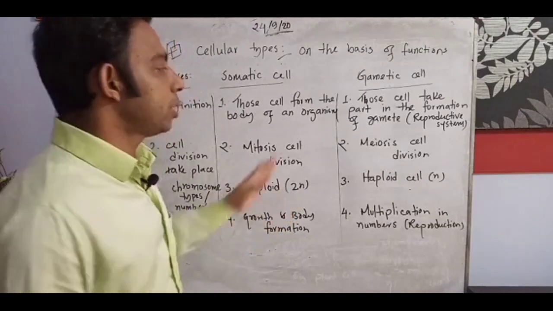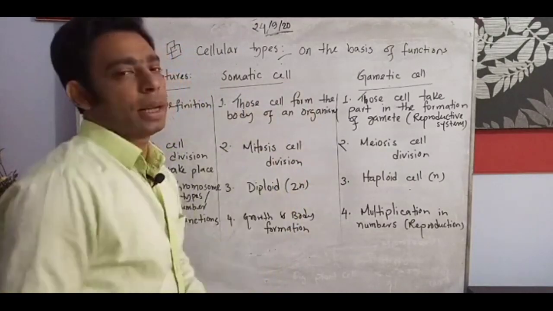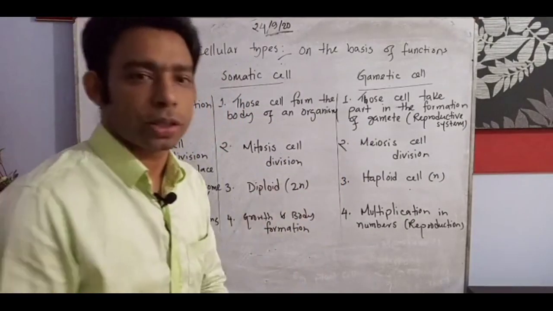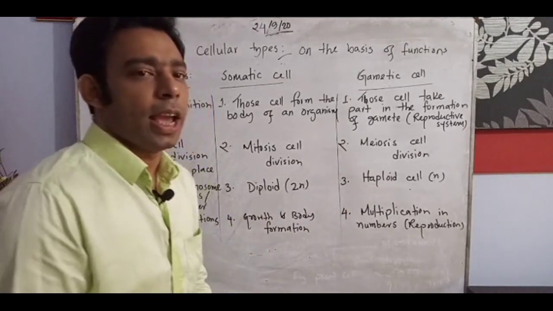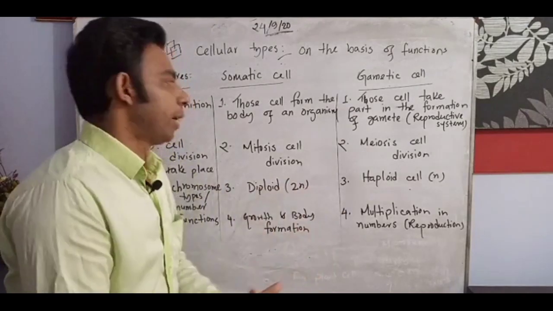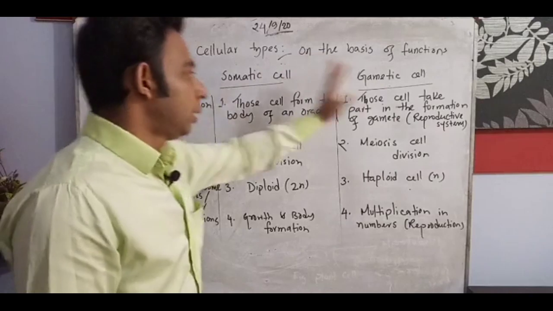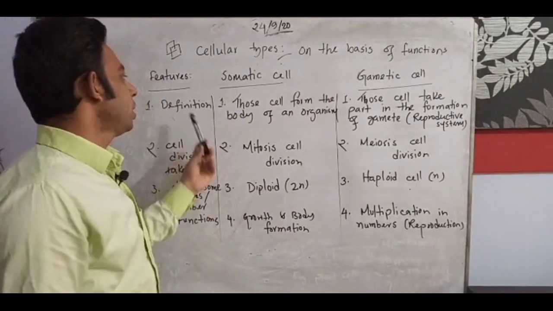Suppose it is asking to write the difference between somatic cell and gametic cell without features, if you write this one, this is also correct, you will get 2 marks. But what I say, the impression, marking quality, and getting a scholarship, the system is different and developed on that case. So we will write the features and the difference between them. So what we write, first one, definition.